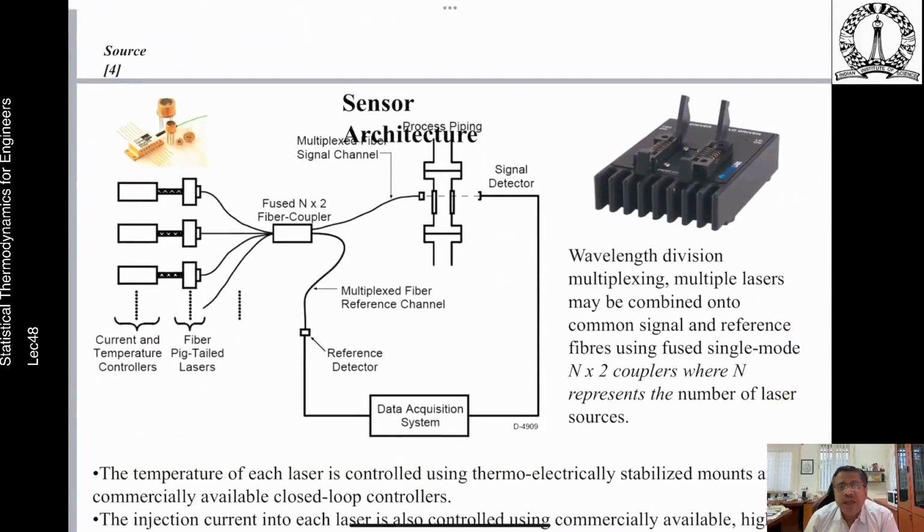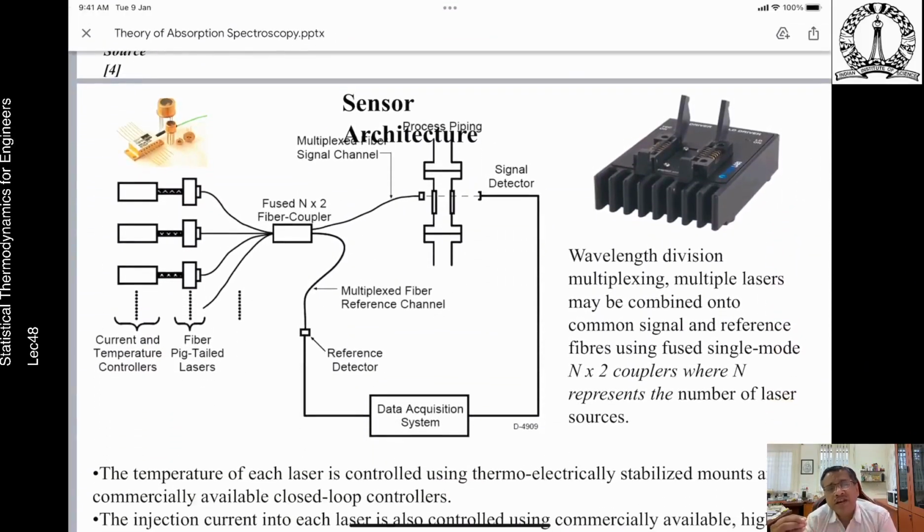You can also have a complete sensor architecture in which you have different lasers which are coupled, fused, and the beam that comes out has a combination of all these wavelengths. It is passed through your experimental setup, shown right over here, and then you detect the signal.